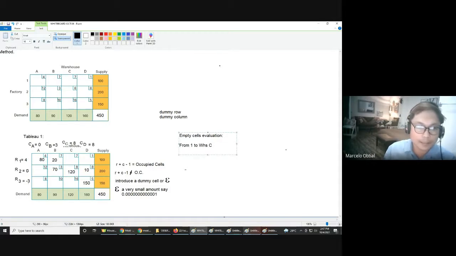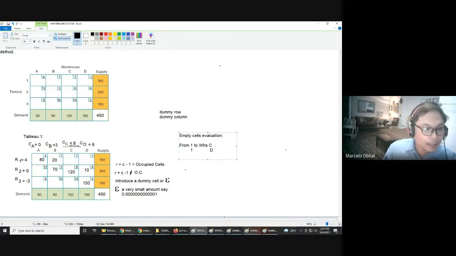Next, it's the empty cell. Next is from warehouse 1 to factory 1, I mean, to warehouse D.